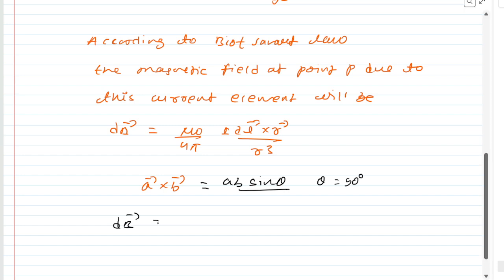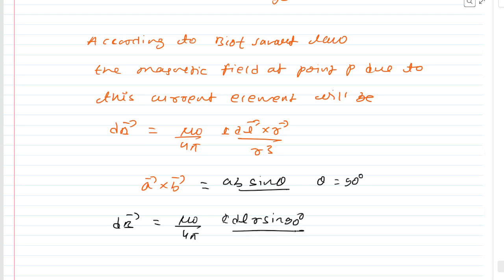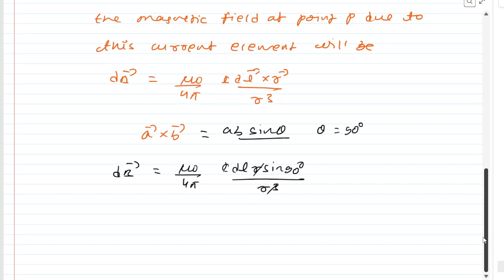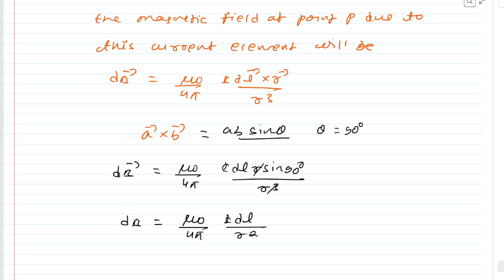So dB is equal to mu naught by 4 pi, I dl r sine 90 degrees upon r cube. One r will cancel, and sine 90 degrees will be 1. So dB equals mu naught by 4 pi, I dl by r square.